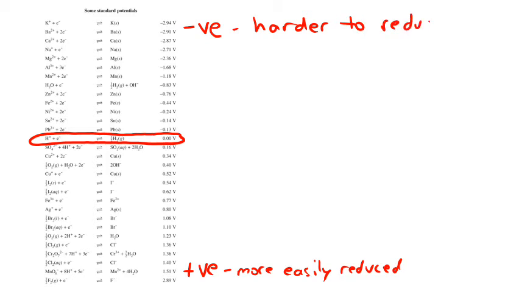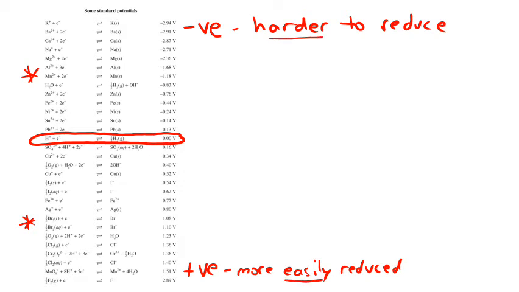Now what does that mean? If I add something that's higher up the list, something higher up here, as one half cell, and I join it to something lower down the list, what would I expect to happen? Well, the one at the top is harder to reduce, the one at the bottom is easier to reduce.